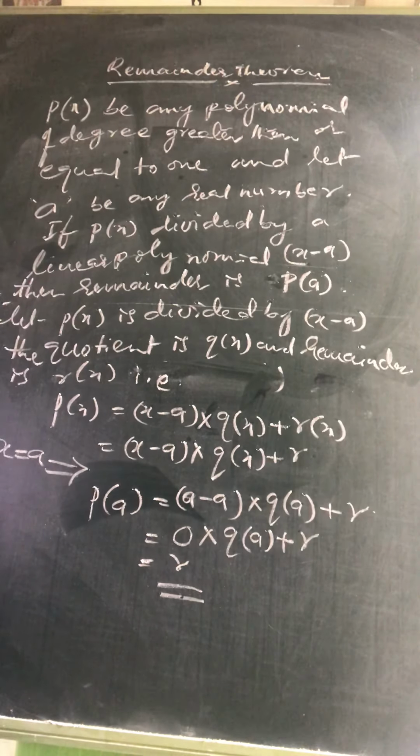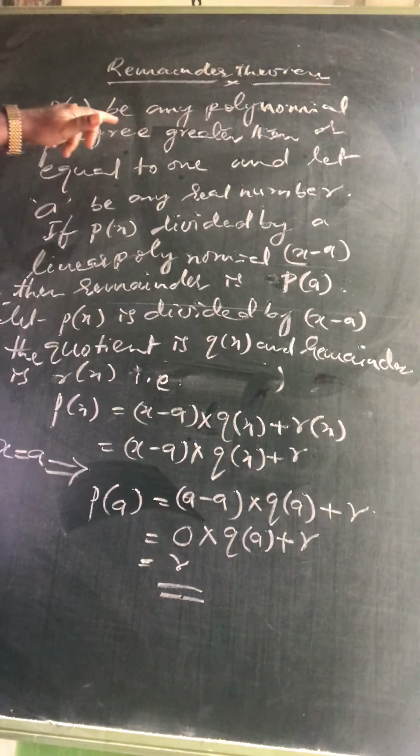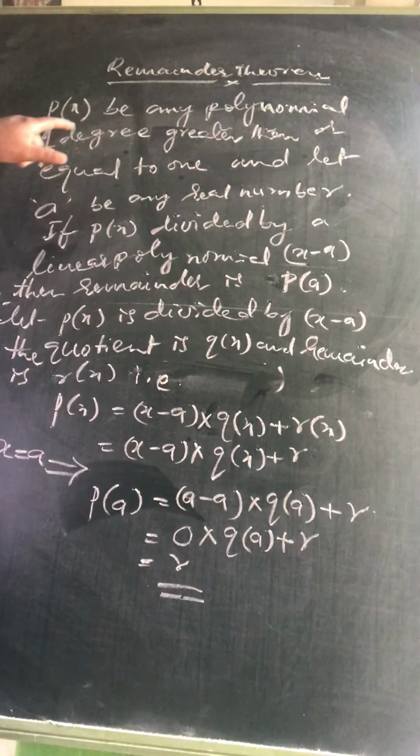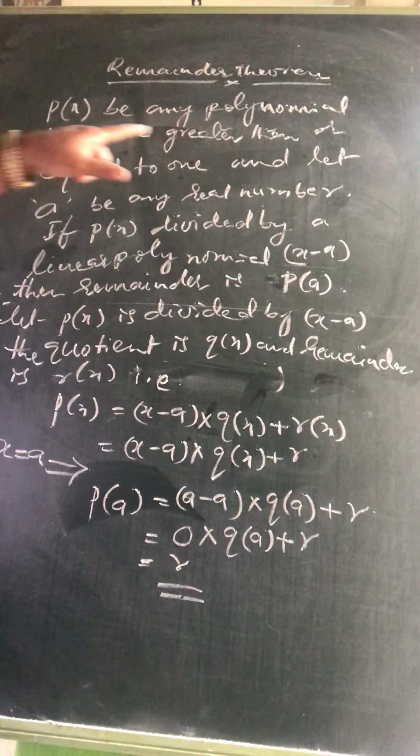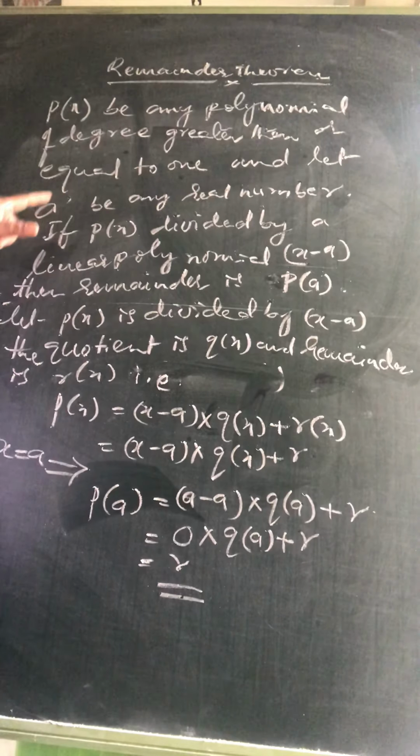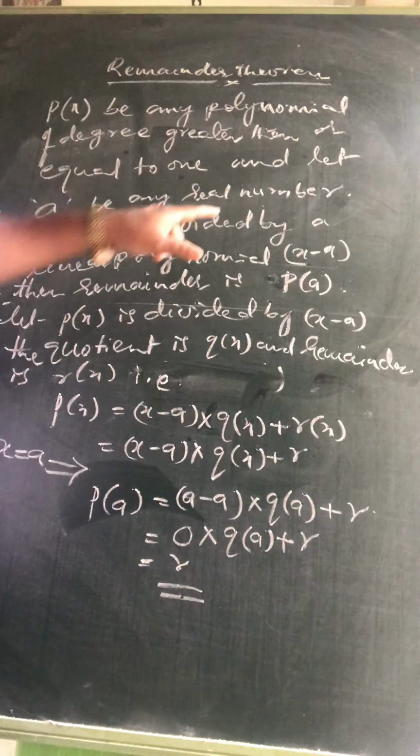The next important concept in this is the remainder theorem. The remainder theorem means we are able to find the remainder without actual division, but that is applicable only for division by a linear polynomial. Let P of x be any polynomial of degree greater than or equal to 1 and let a be any real number.